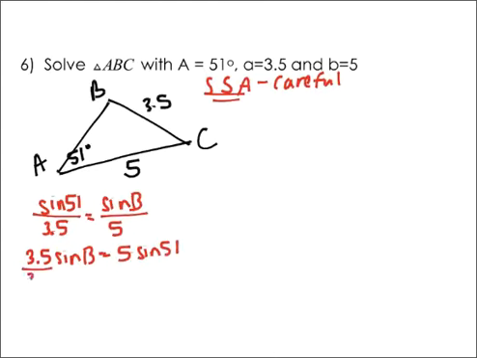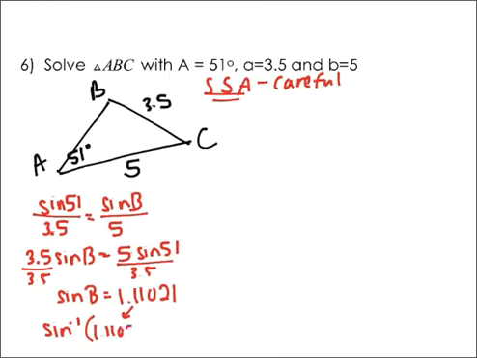Divide both sides by 3.5, and we get the sine of angle B. This time it's going to be equal to 1.11021.